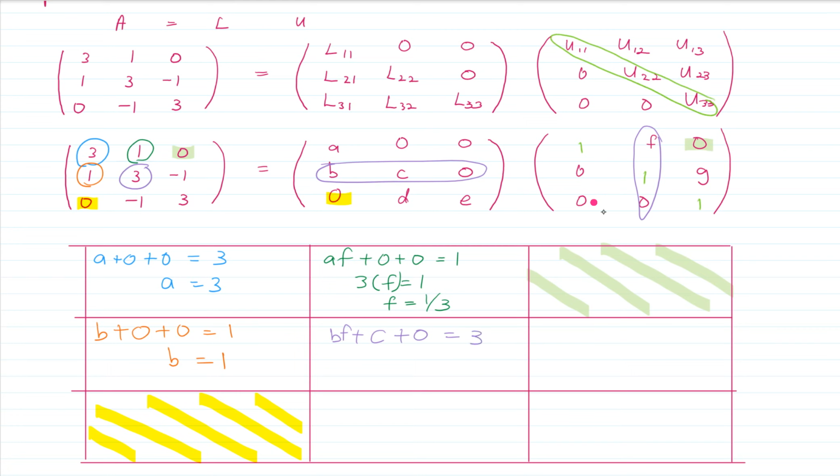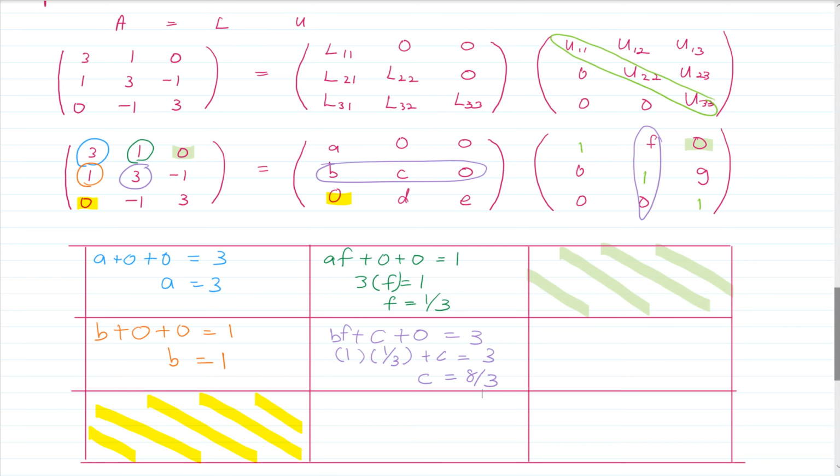We already have B equals 1, and we also have F, 1 over 3, plus C equals 3. Solving this, we get C equals 8 over 3. You can just use your calculator to solve this fraction.